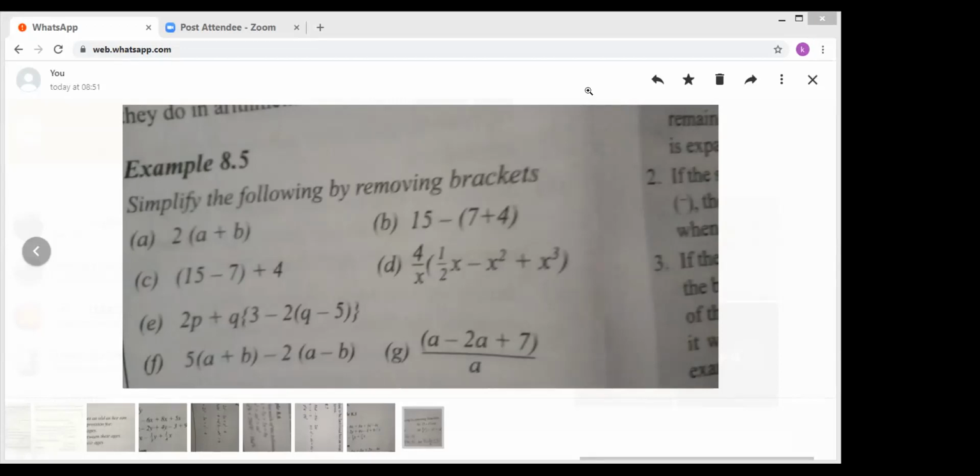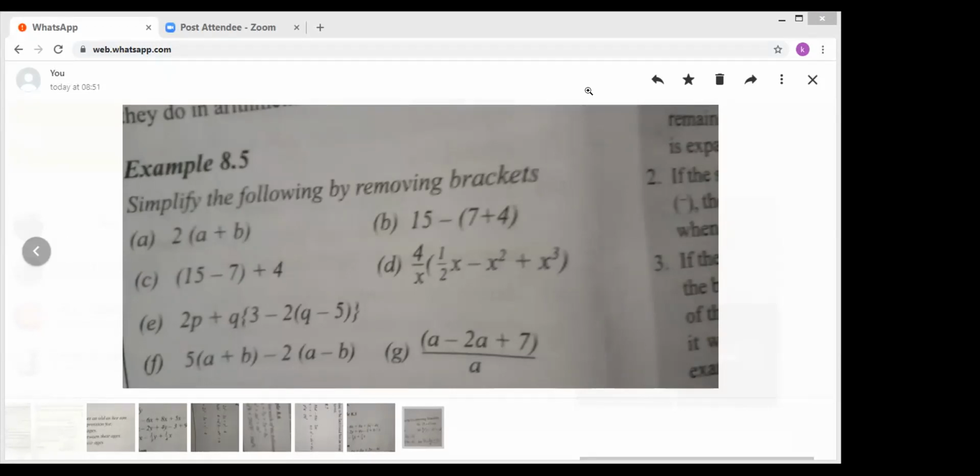See, I have opened the bracket, but the first part, that 5 into bracket A plus B, I've gotten 5A positive 5B, negative 5 negative 3 negative 2A negative 2B. Then I've collected up to there.